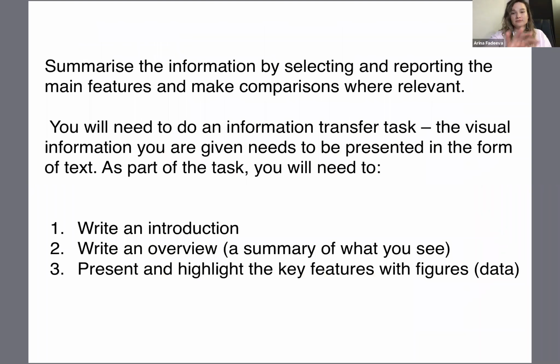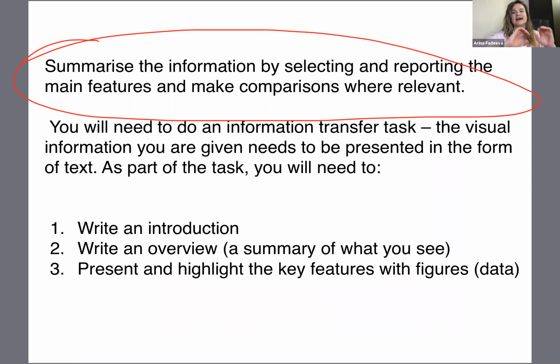Well, again, let's just wind up and look at the task itself, what they need from us. Summarize the information by selecting and reporting the main features and make comparisons where relevant. So you need to do the information transfer task. This is the visual information you are given, a graph, a bar chart, a map, a diagram, whatever.